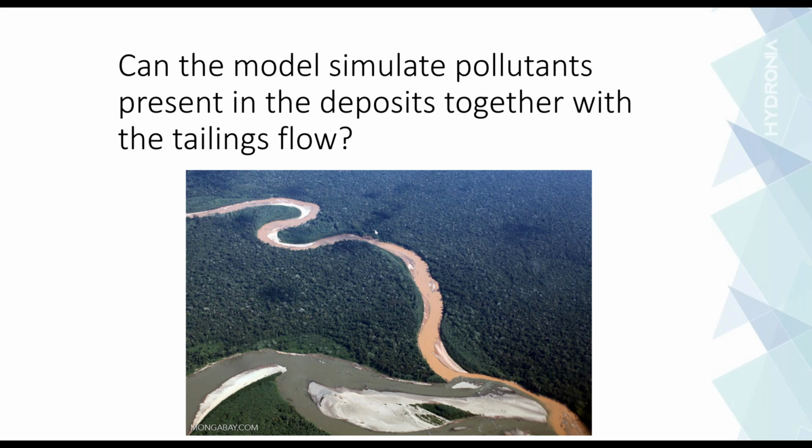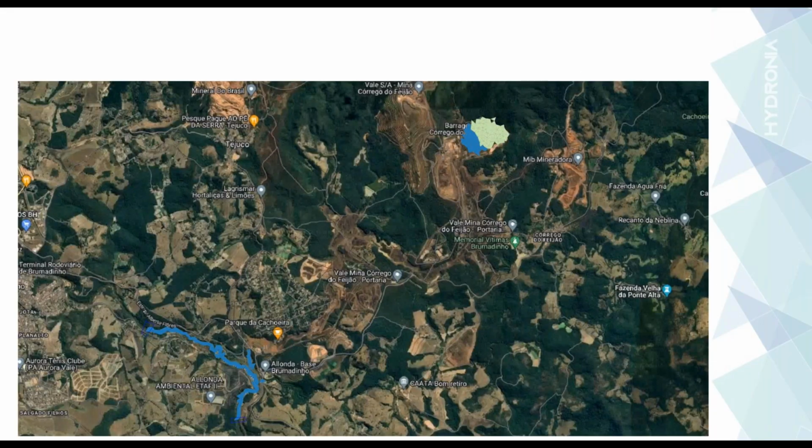It can be one of the components of the deposit, can be a metal, or it can be any other material as well. That means you can have a certain concentration of the pollutant within the dam, and while the model is computing the flow of that solid material, it also simulates the concentration of the pollutant that you have in the dam.